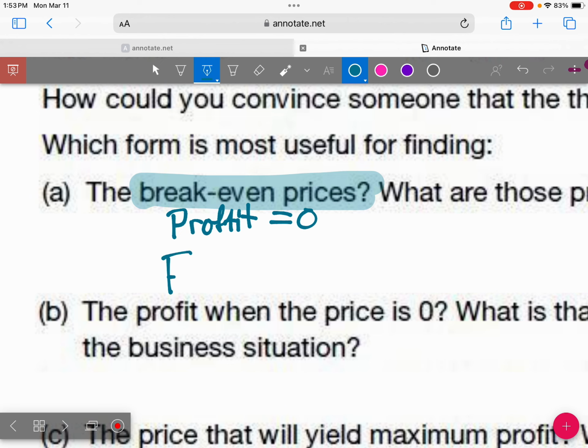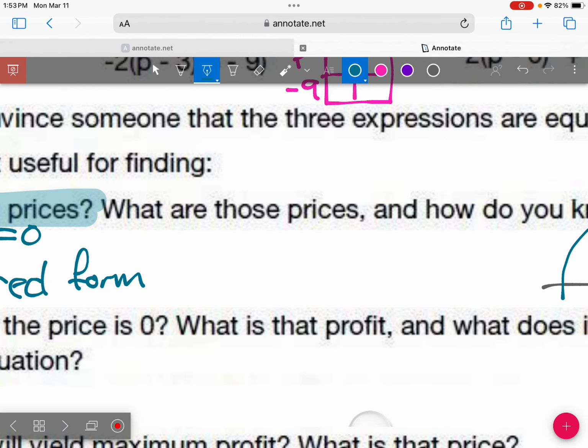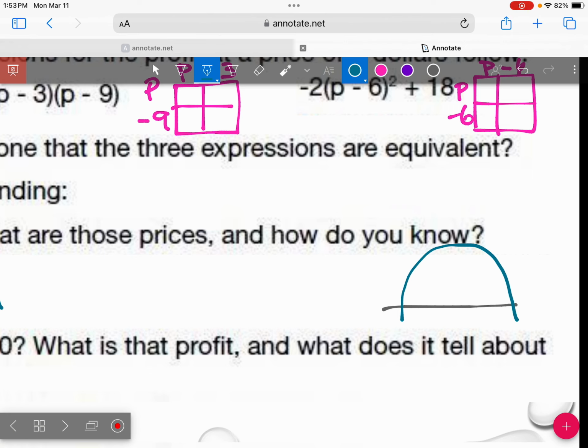It's our factored form, right? What are those prices? Where does it break even? Where is our total 0? X-intercepts, specifically for here. Numbers. 3 and 9.